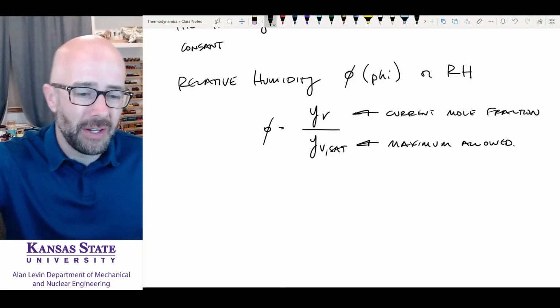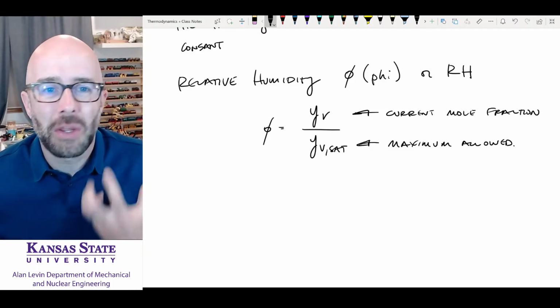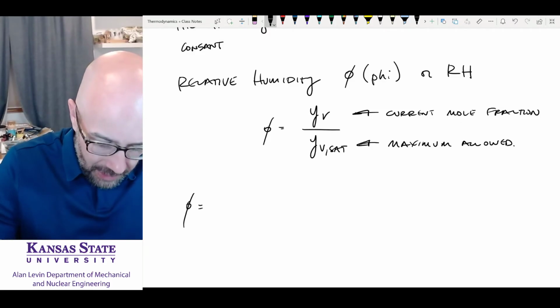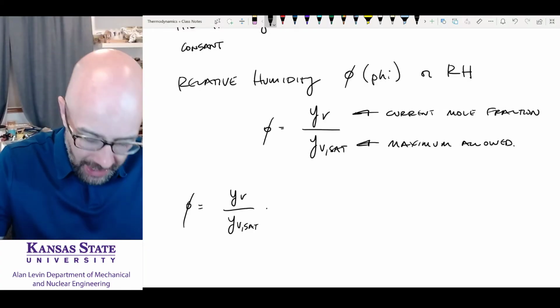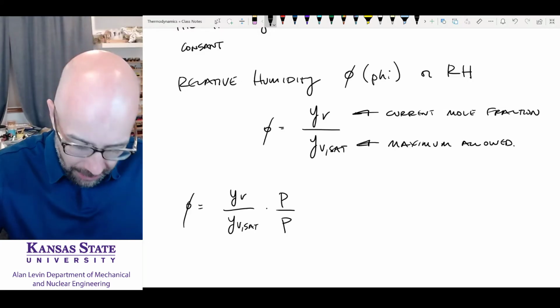Now, mole fractions are also not fun to remember and have to work with. So there's another way we can use this equation. If we take relative humidity, which is YV, or mole fraction of the vapor over mole fraction of the vapor at saturation, and we take this times 1, like this, pressure over pressure, what happens?